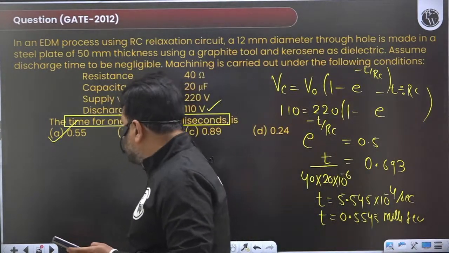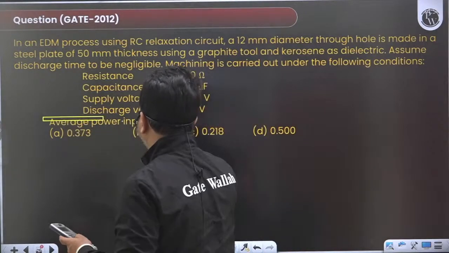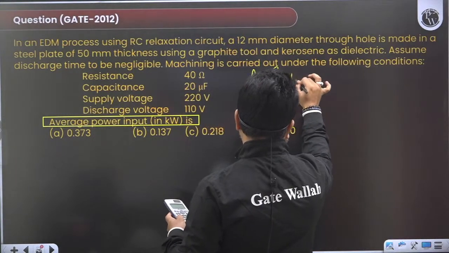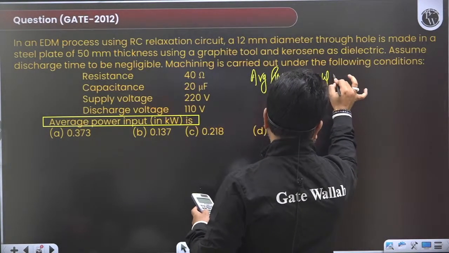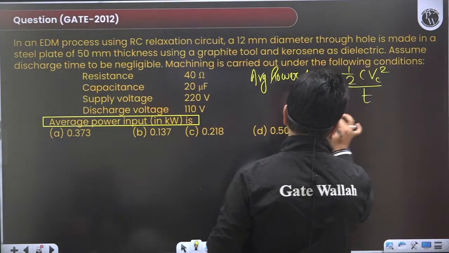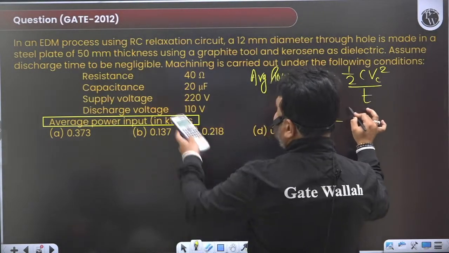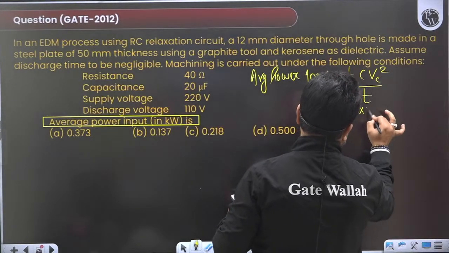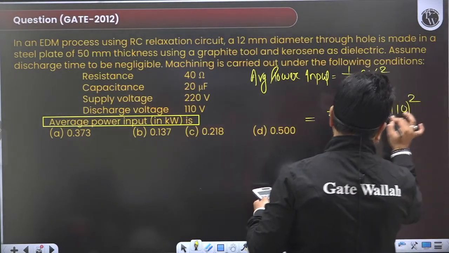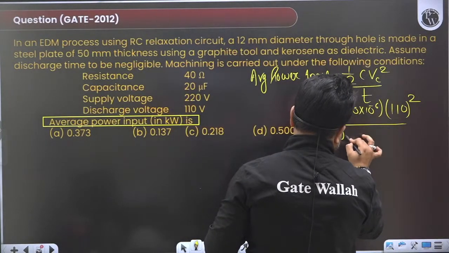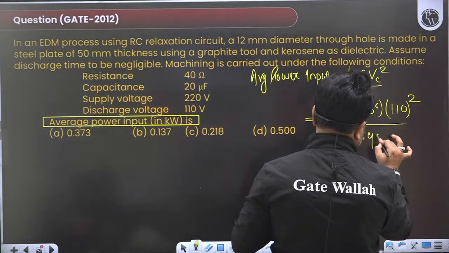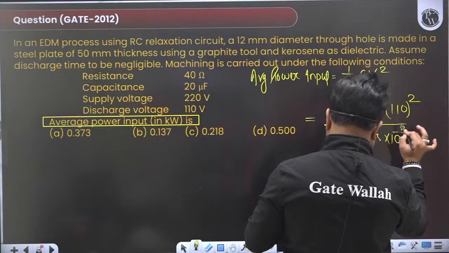Clear? Now we have to find the average power input. We know that average power input is half C V C square divided by cycle time. So half C, that is 20 into 10 to the power minus 6, charging voltage 110 square, divided by 0.5545 into 10 to the power minus 3.